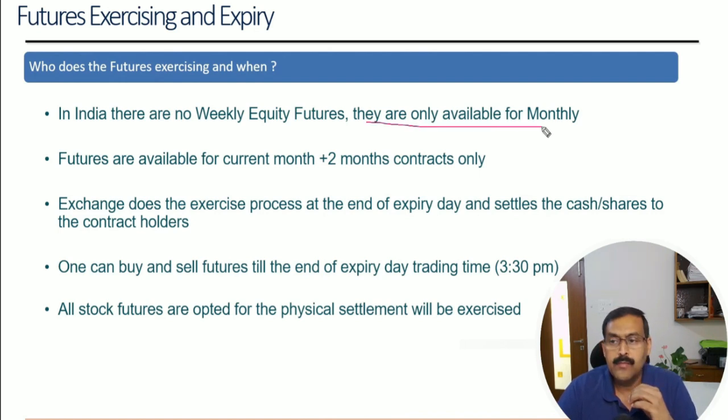And all future contracts are available for the current month plus 2 months only. So at any given point in time, you will have a current month future contract and the next 2 month future contracts for indices as well as for stocks.